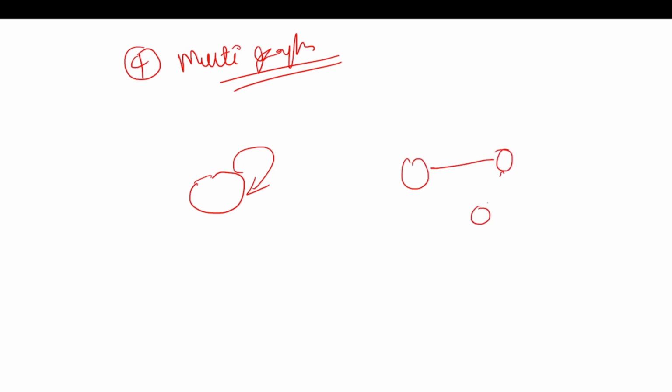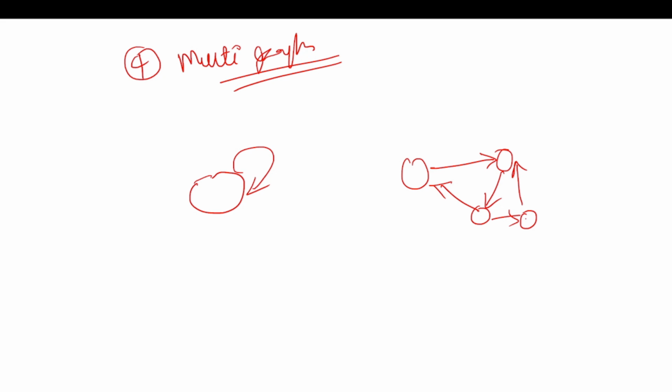Let's suppose like this. It is connected like this, it is connected like this, and it is connected like this. So there can be more possibilities. There are some more elements that are connected with this. So this is called a multigraph, right?